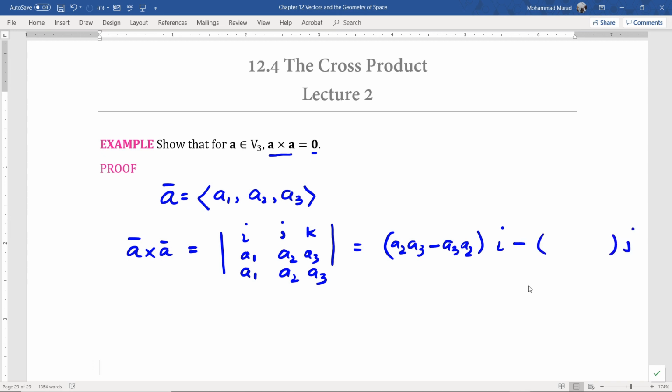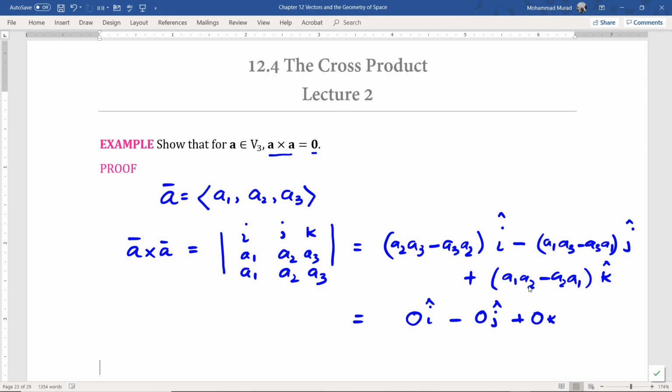Similarly, the j component would be A1 A3 minus A3 A1, plus the k component would be A1 A2 minus A2 A1, which is 0i minus 0j plus 0k, which is none other than the zero vector. End of the proof.